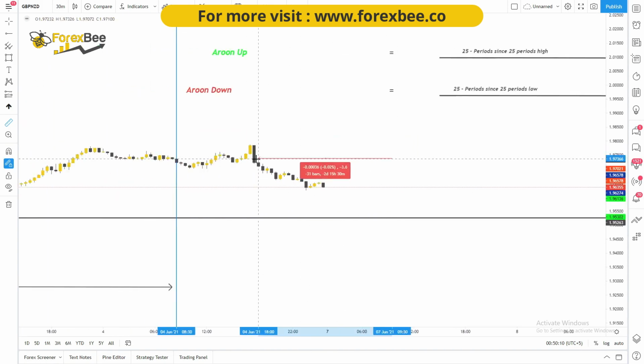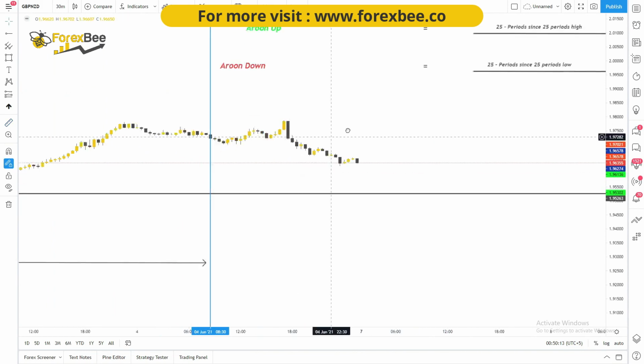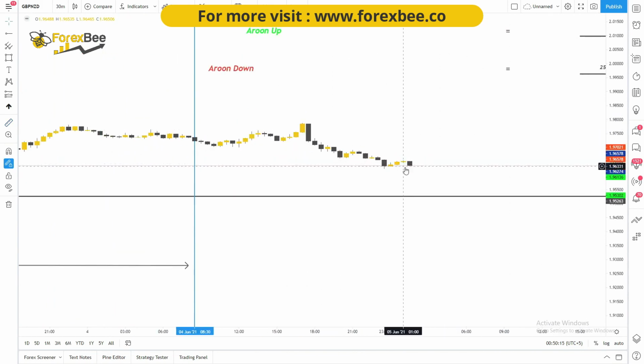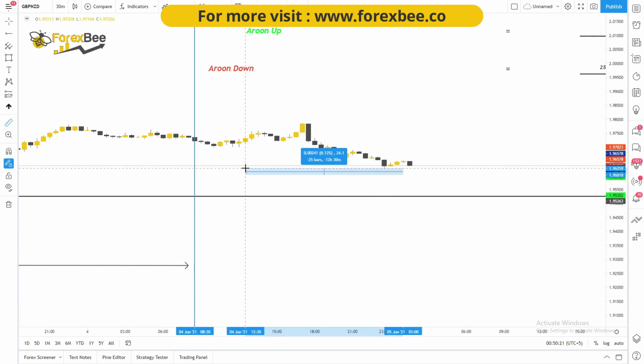So let me zoom in a little bit more so that I can show you. Let me draw it again here, and here are 25 candles, and in order to calculate Aroon Up, we have to look for the candle which has the highest high among these 25 candles.